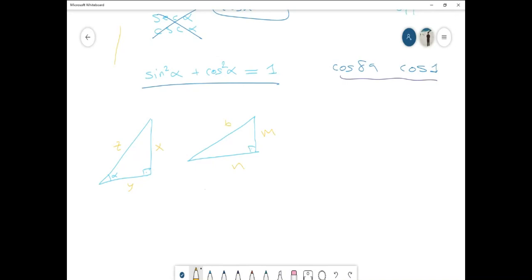Let's say this is M, N, and this is B. Let's say this is beta, and this is alpha. Which one is bigger, sine alpha or sine beta?